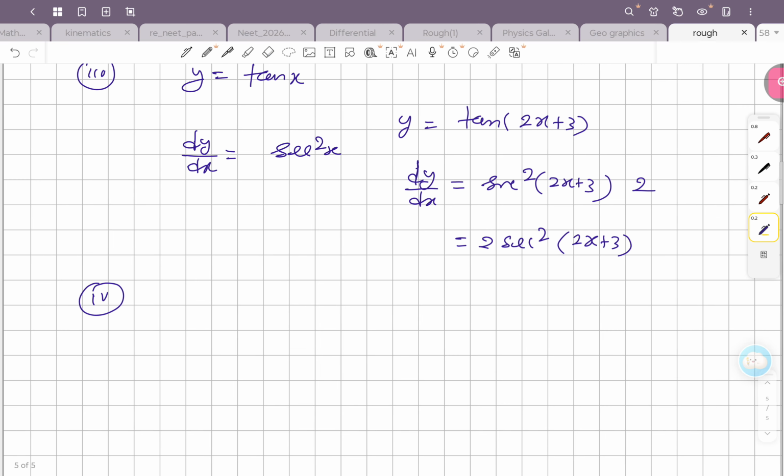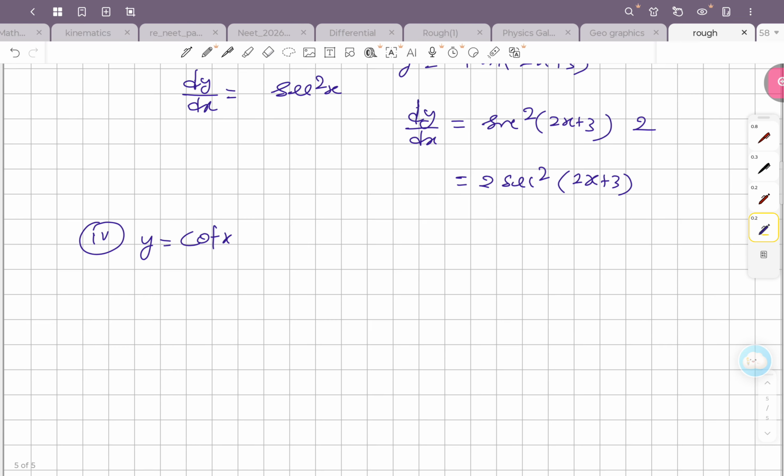The fourth one is cot x. Okay, y equal to cot x, so the differentiation of cot x is minus cosec square x. So you can put cot of x square.